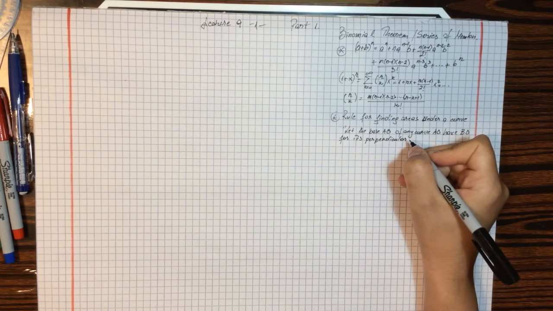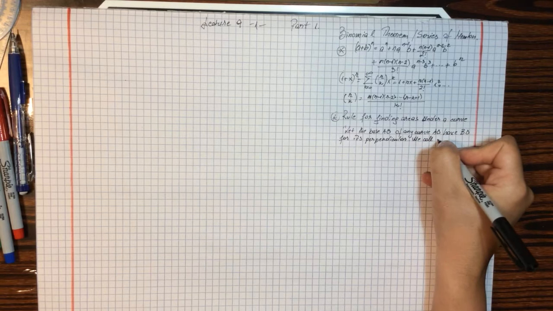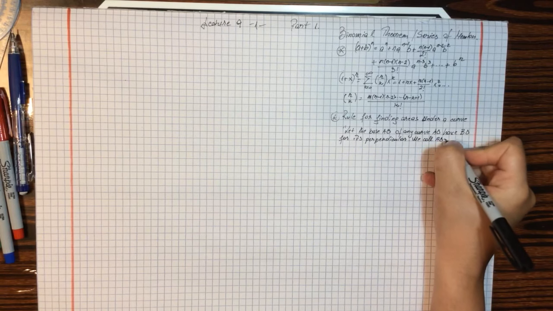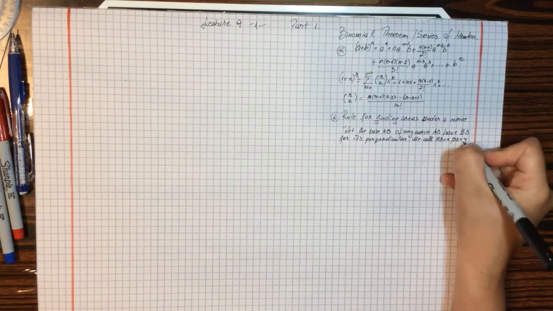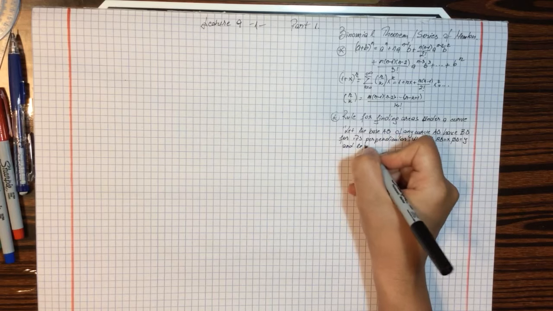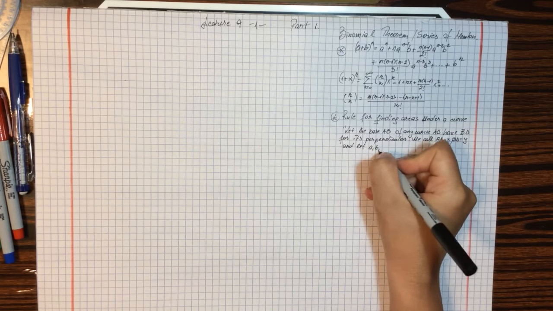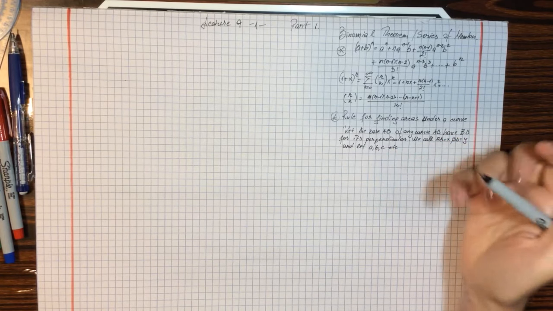We call AB equal to x, BD equal to y, and let little a, little b, little c, etc. be some given quantities.